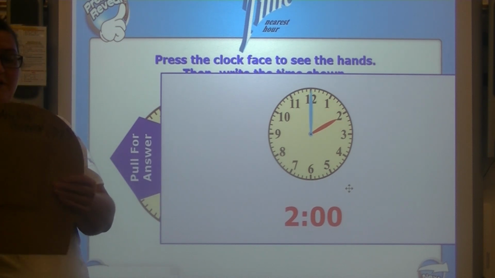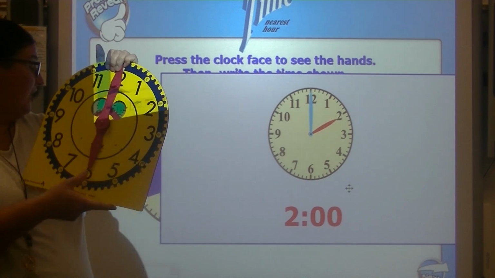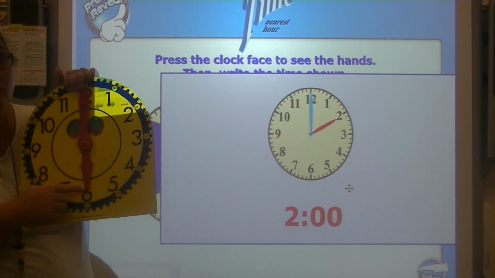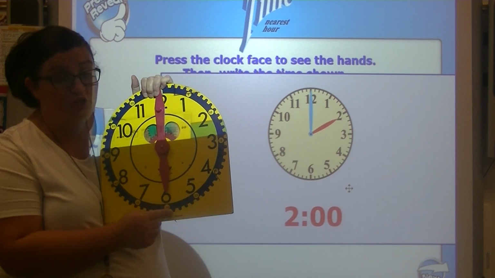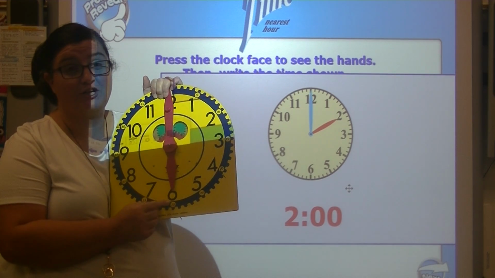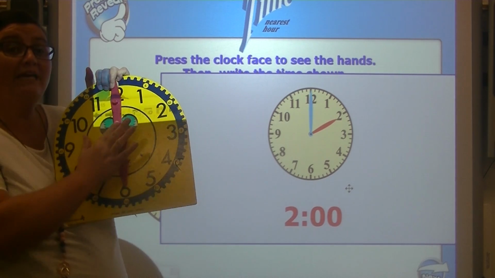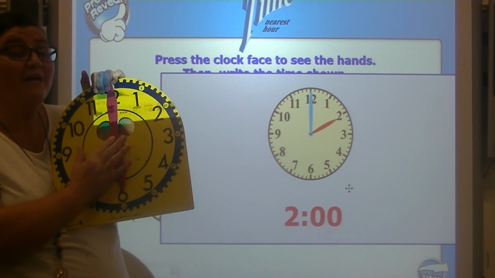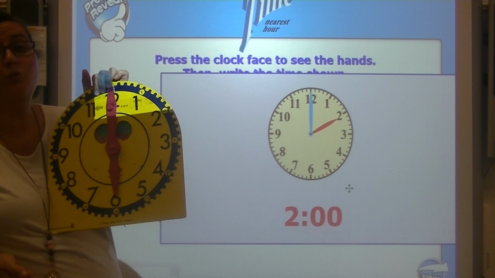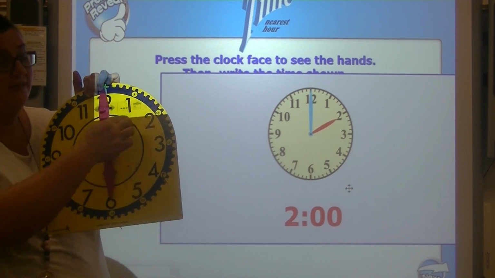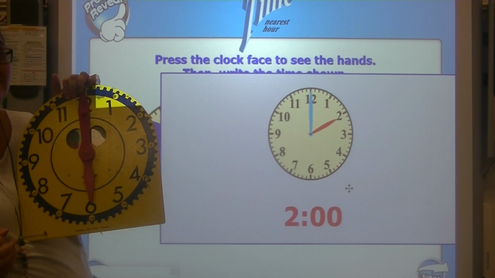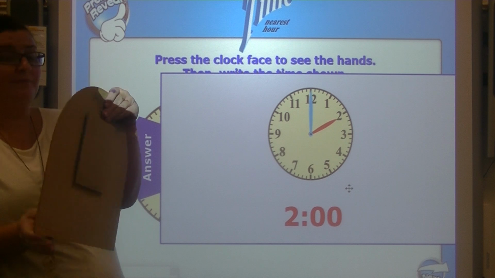Let's check your work. All right, guys, your blue hand or short hand should be touching the 6. That's your hour hand, the short one, blue. Your long hand or minute hand should be touching the 12. 6 o'clock. Let's do one more.